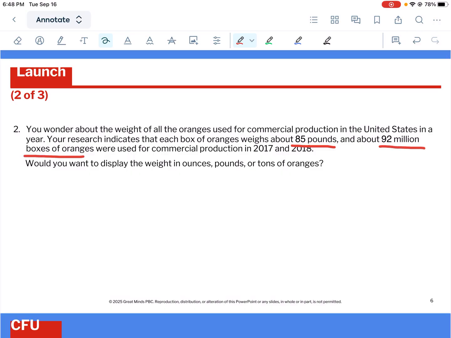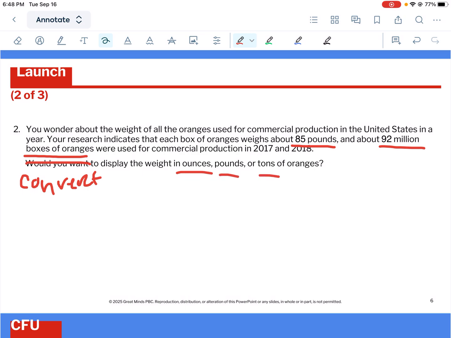Make sure you annotate, were used for commercial production in 2017 and 2018. Every passage you get, make sure you annotate properly. You only need the necessary information. Make sure you scratch out "would you want to" and put "convert". Okay, and it gives us ounces, pounds, and tons.